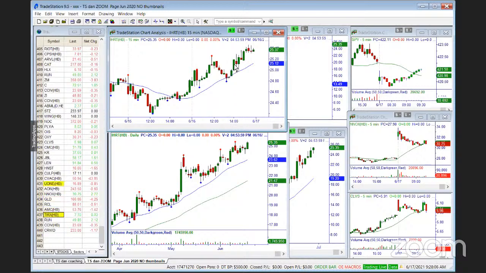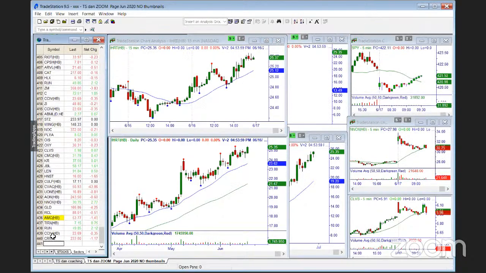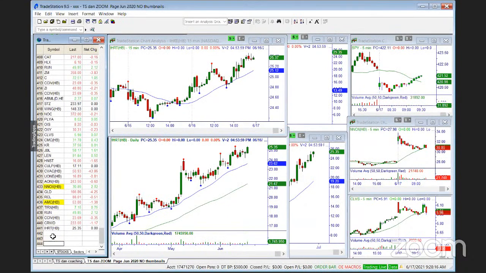Boom. This just went up all afternoon as the market was having a tizzy. So that looks great. I like it. iHeart. So I'm going to put that on a different window on my screen, my other computer.